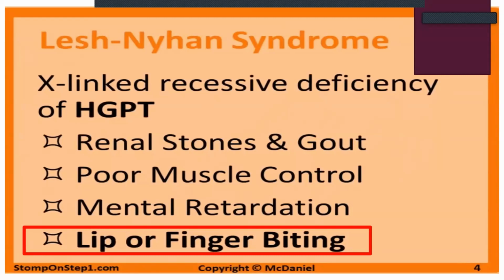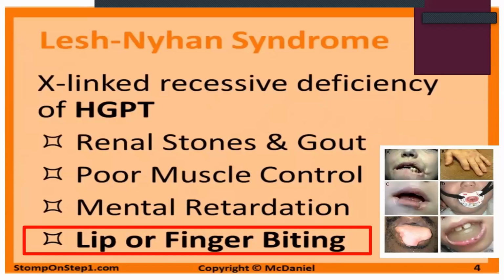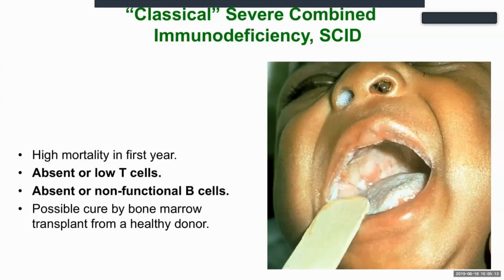So both the parents have to have the gene, and only when both parents are having the gene is it possible for the child to get this disease. So it is rare, but it is definitely a very dangerous disease. Okay. Lesch-Nyhan syndrome.